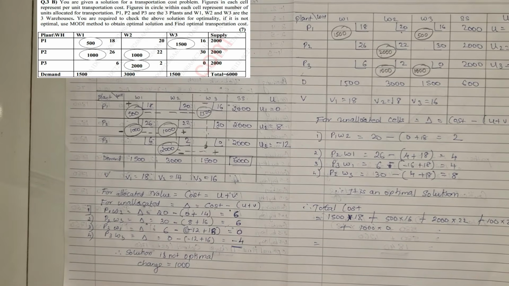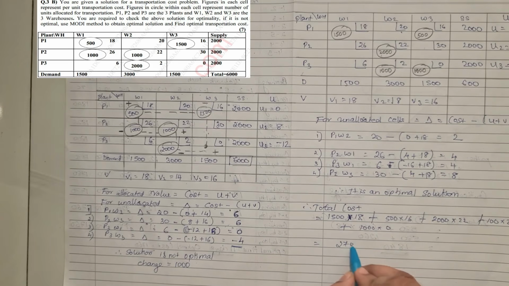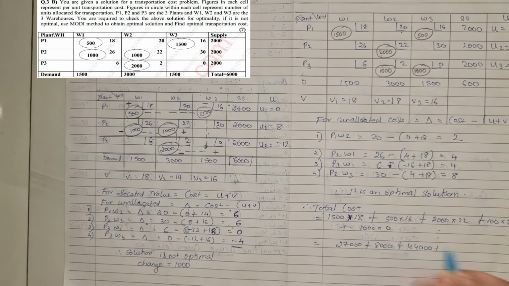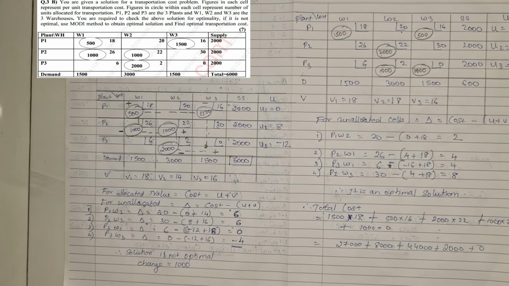So 1500 into 18 is 27,000. 500 into 16 is 8,000. 2000 into 22 is 44,000. And 1000 into 2 is 2000 plus 0. So 27,000 plus 8,000 plus 44,000 plus 2,000. The optimal cost or the total minimum cost comes to 81,000 rupees.